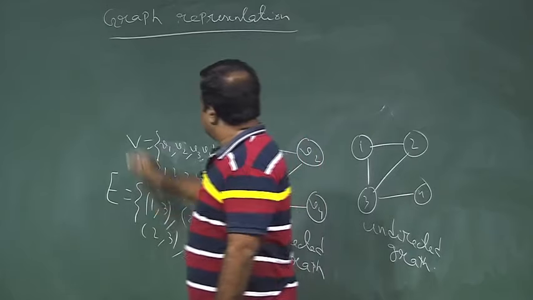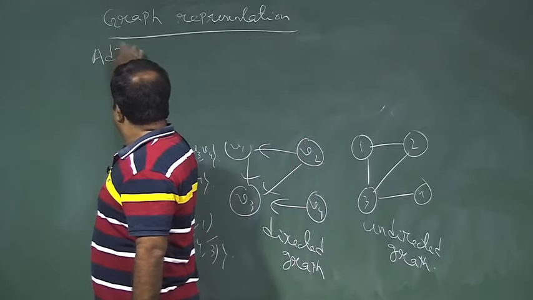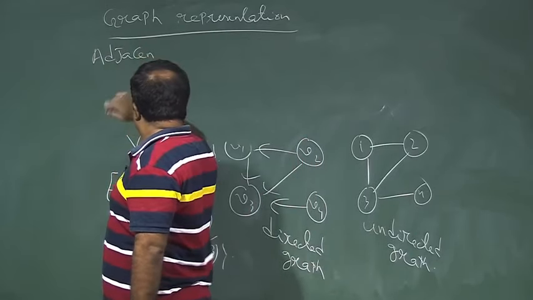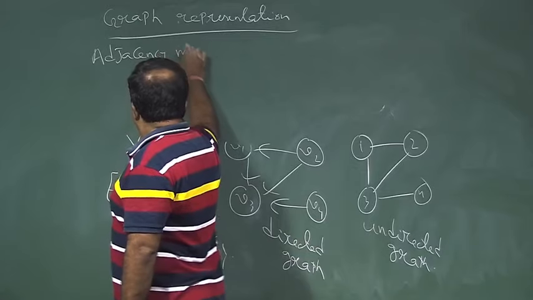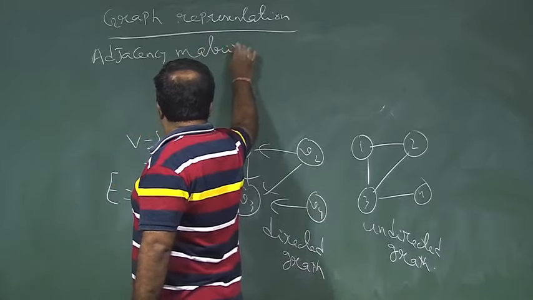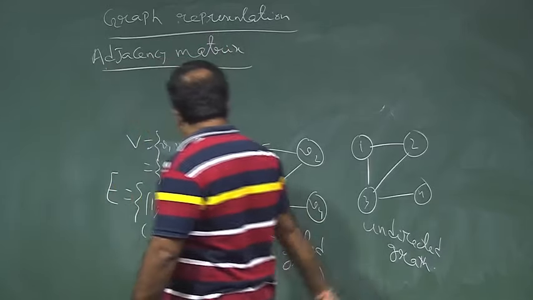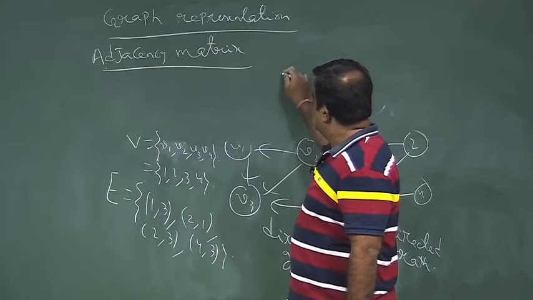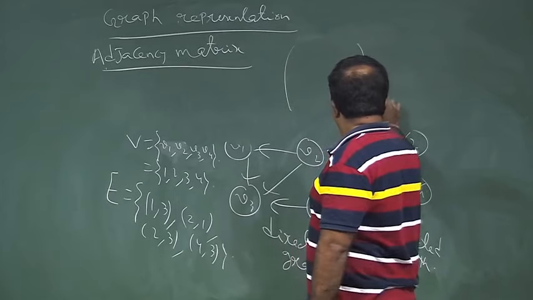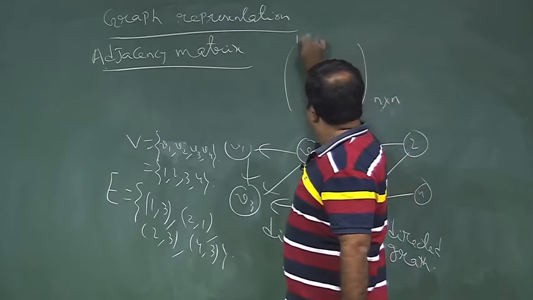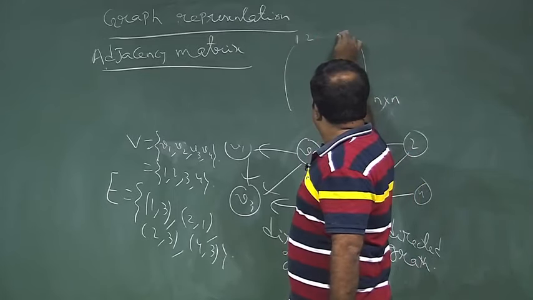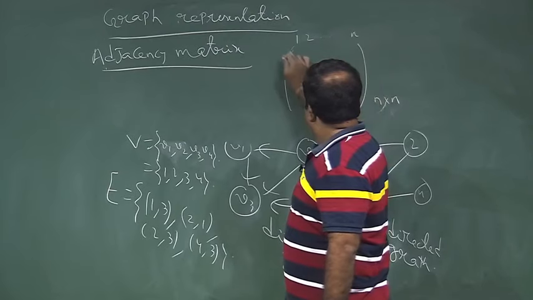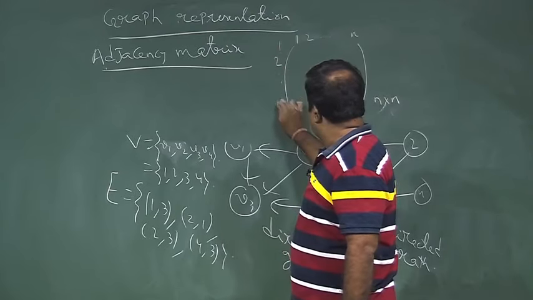What is the adjacency matrix representation? Suppose we have n vertices. This is a matrix of size n by n, with rows and columns indexed by the vertices V1, V2, up to n.